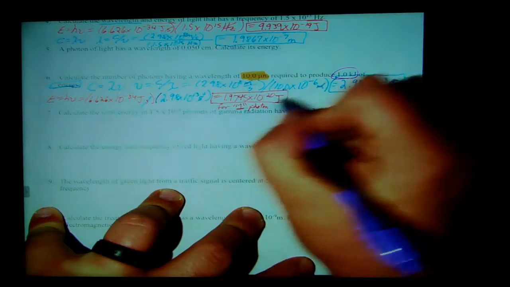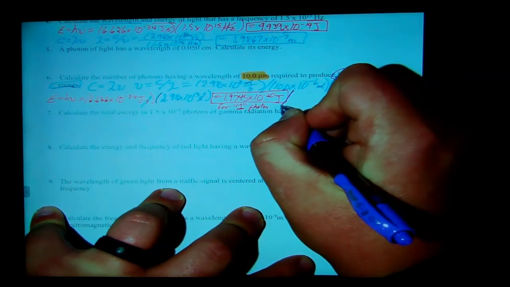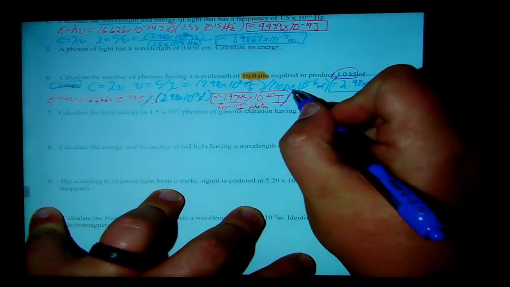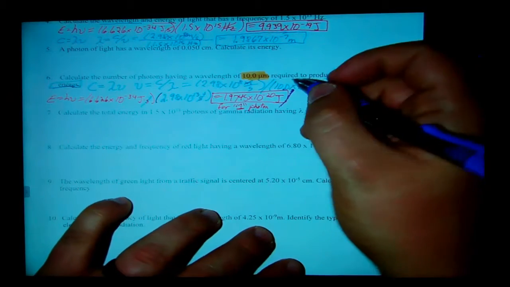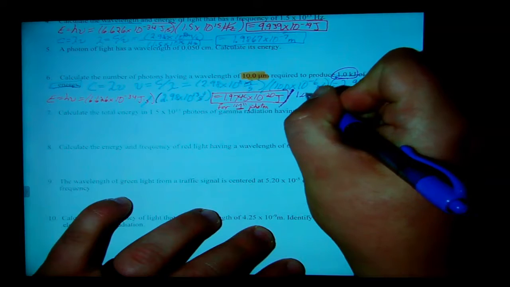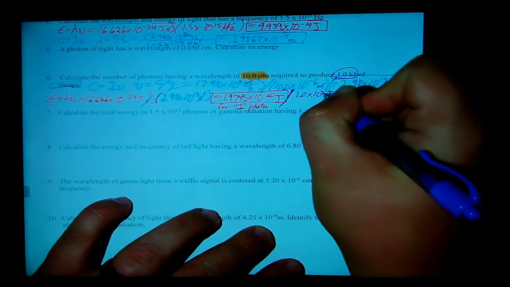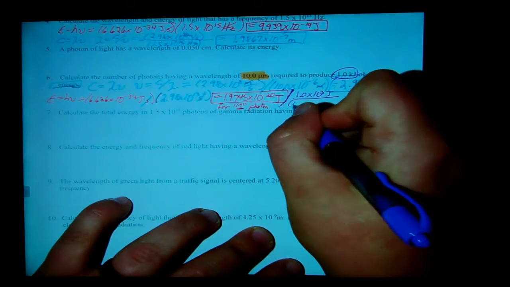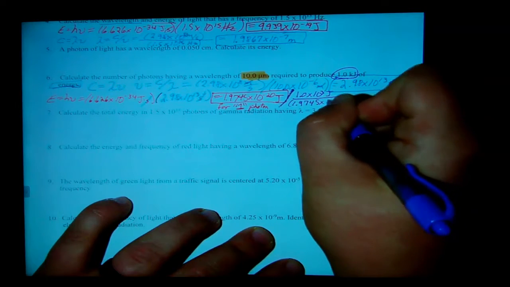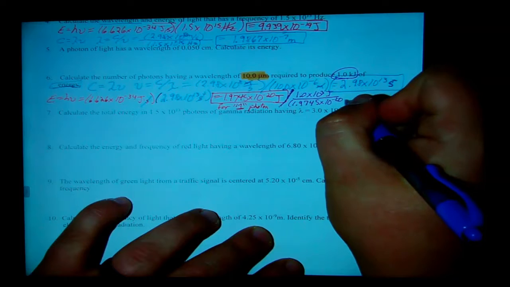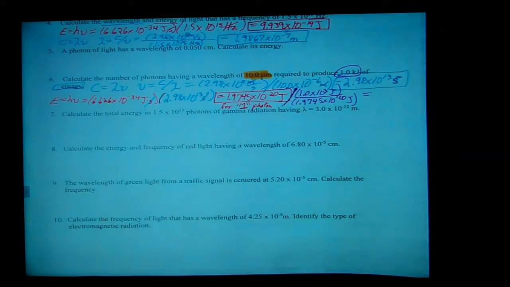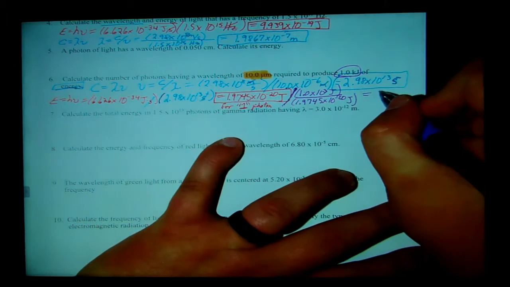First, we've got to convert. 1.0 times 10 to the third joules. And this is what I get.